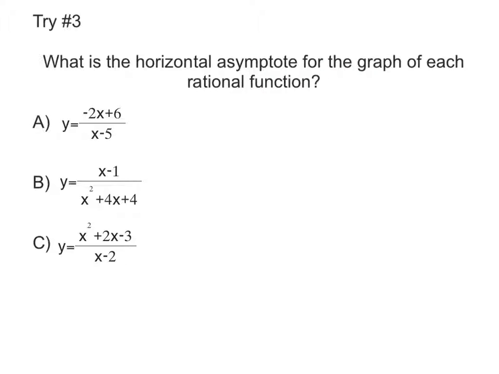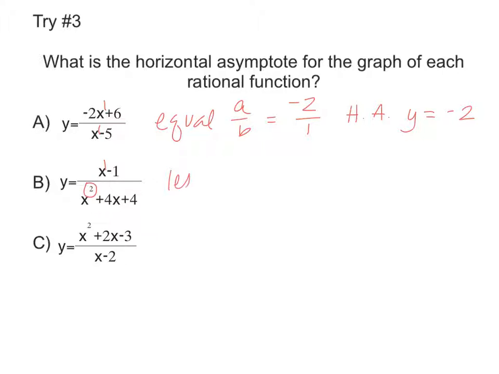All right, so the first one, again, 1 and 1. They're the same power. So since they're equal, you have to do a over b, which is -2 over 1. So our horizontal asymptote is y equal to -2. Okay, the next one, we have 1 and then we have 2.